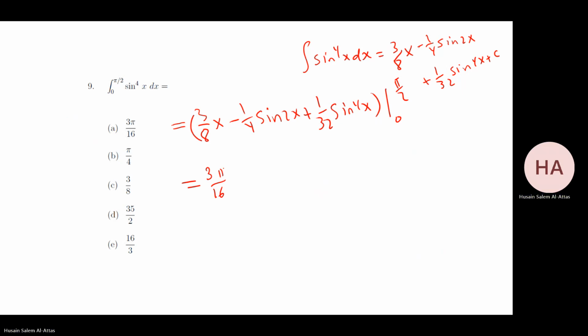Am I right? Yeah, 3 pi over 16. This is sine pi, which is 0. Sine 2 pi is 0. Minus 0 plus 0, and then applying the 0 limit, I have 0, 0, 0. So I have 3 pi over 16. That's it.